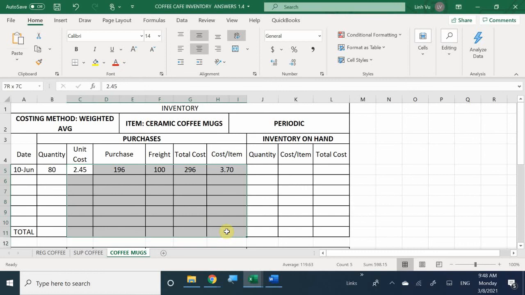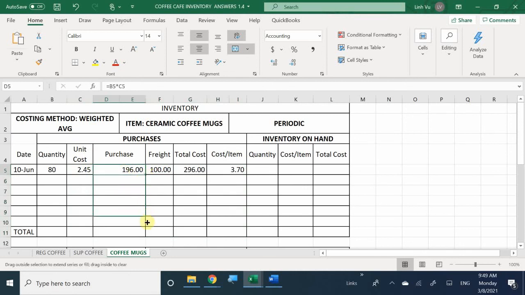So I'm going to go ahead and reformat all of these. The one thing that we know about the periodic inventory is that we can apply the formula all the way down. So to solve for the purchases, you're able to pull the formula down in case we do end up buying more inventory.